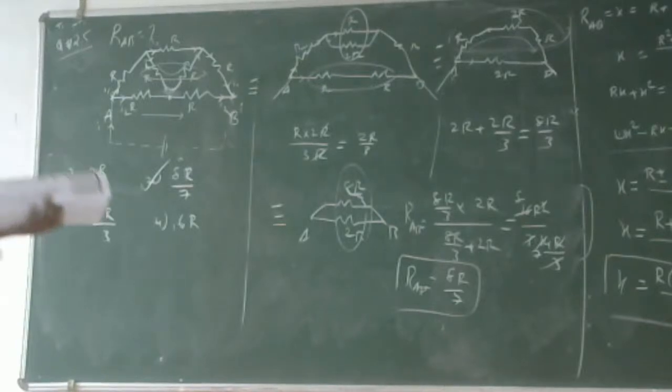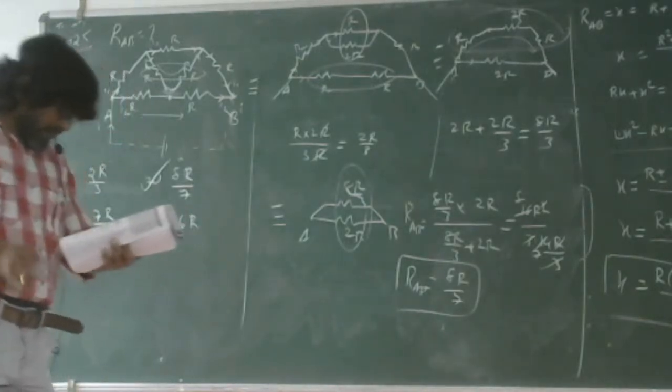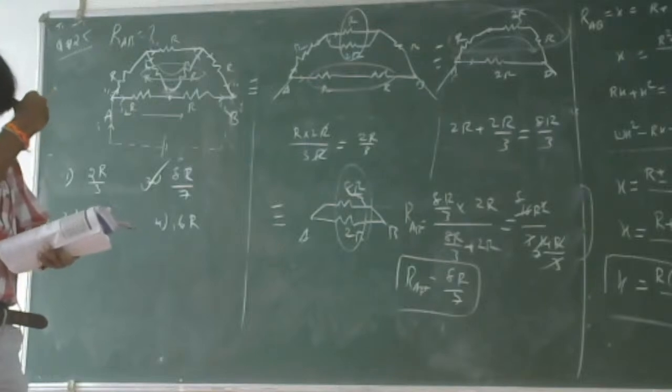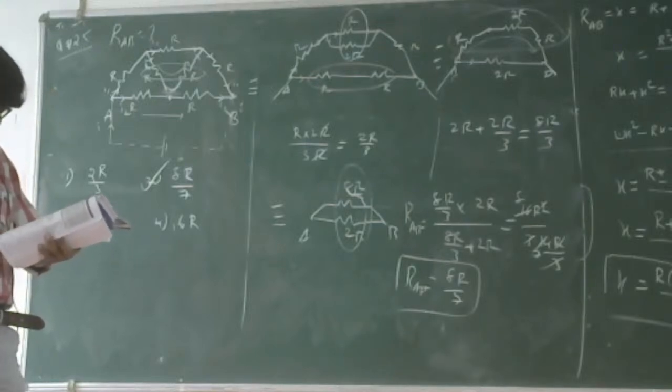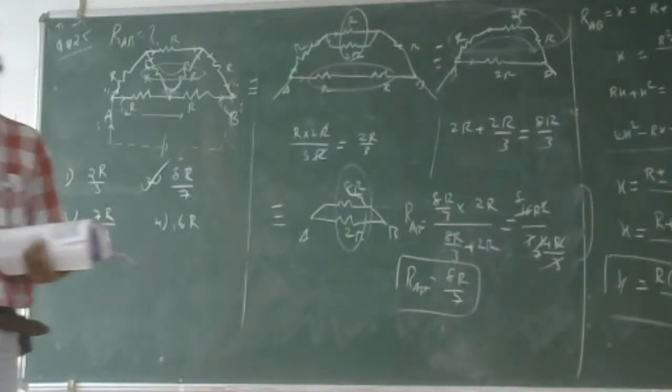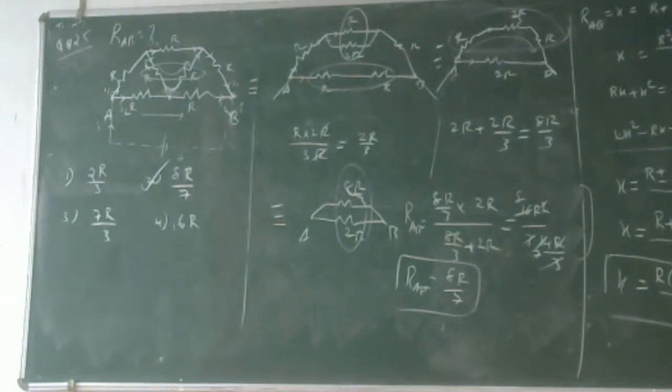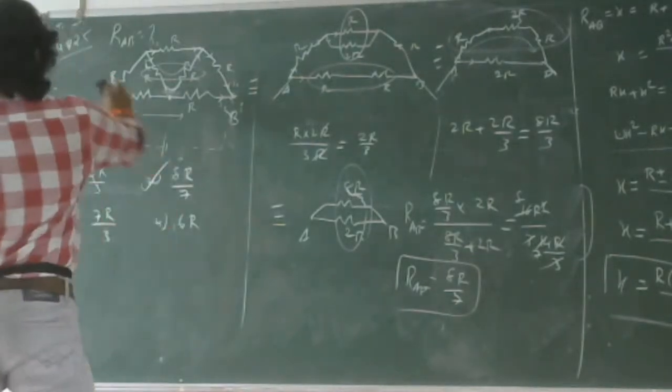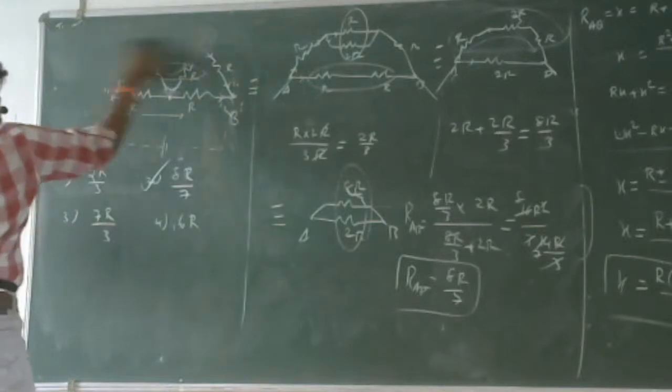So it is given that when a battery is connected across a resistor of 16 ohm, voltage across the resistor is 12 volts.